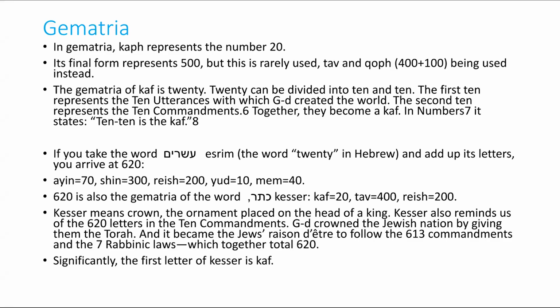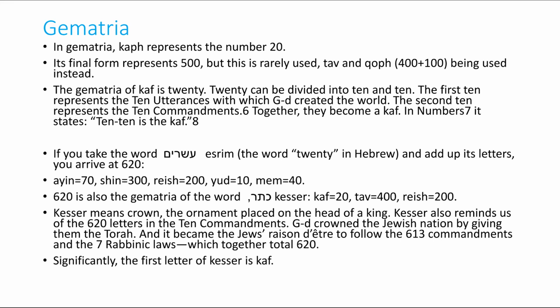So that's it as a grammar. The gematria of it is, as I said, 20. The kaf sofit, the final form, that elongated form, actually represents 500, but it's very, very rarely used, as people just don't use the sofit so much in counting.